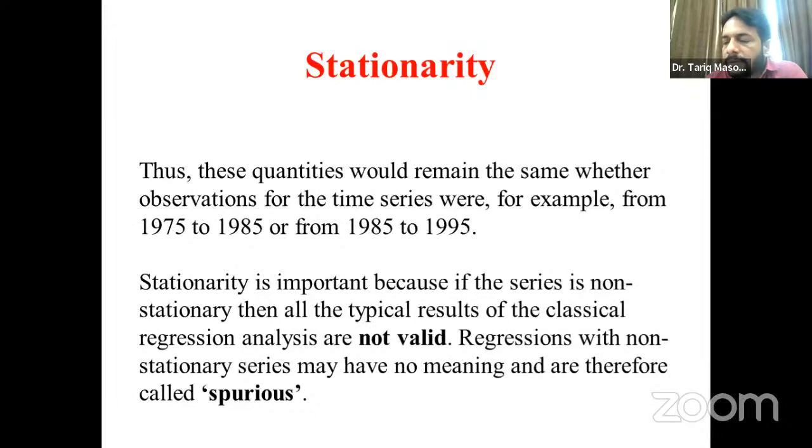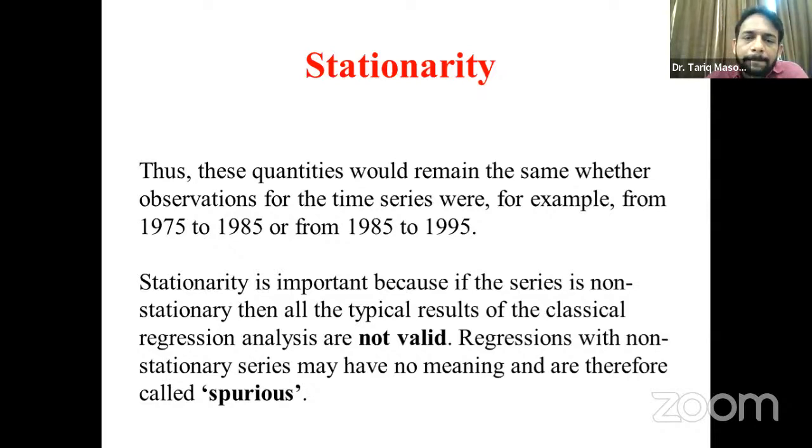The problem arises when a particular series is non-stationary. There is accumulation of past disturbance terms in that series, and due to that, the behavior of the series is non-stochastic. There is continuous divergence of that series, and the behavior is not normal.